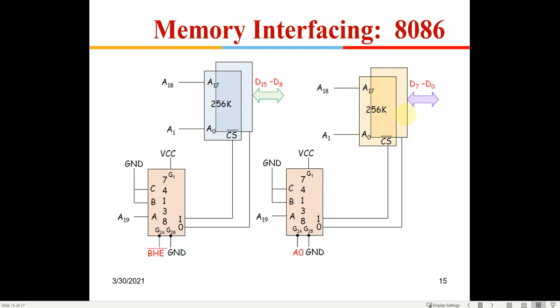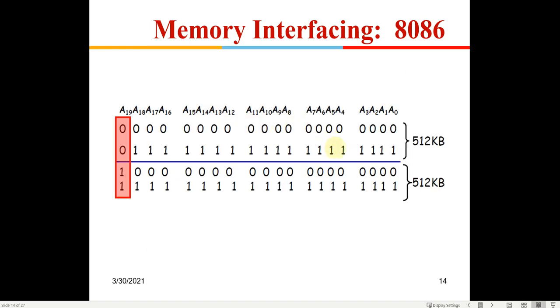This is the lower bank, the even bank. Now if A0 is equal to 1 and BHE is 0, in that case the odd bank will be selected out here.